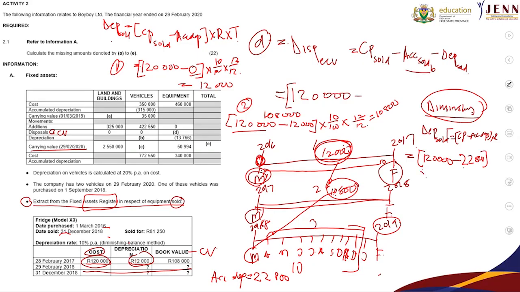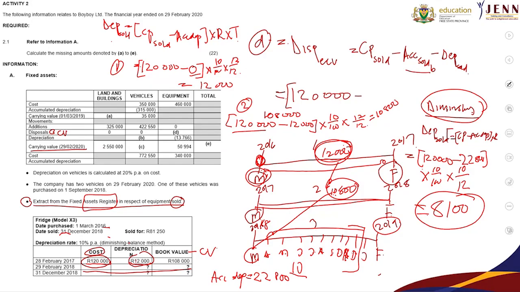We multiply by rate. How much is our rate? 10 over 100. You just said how many months did it last us? You said 1, 2, 3, 4, 5, 6, 7, 8, 9, and 10. You said it will be 10 months. Now, what is the depreciation for the current year? The depreciation for the current year is 8,100.